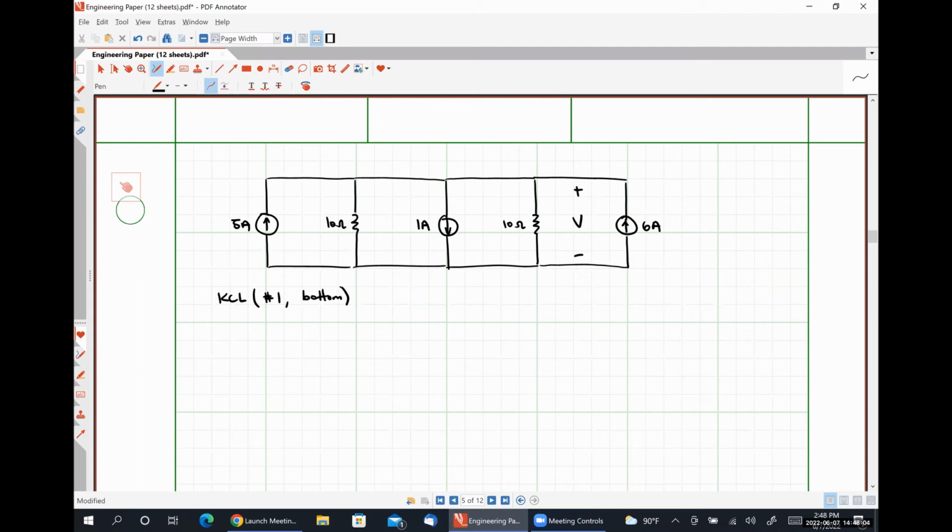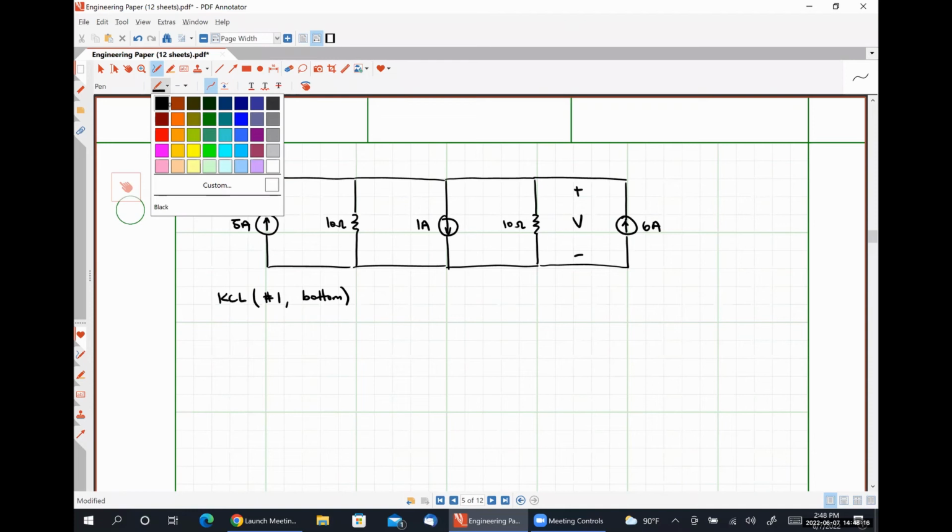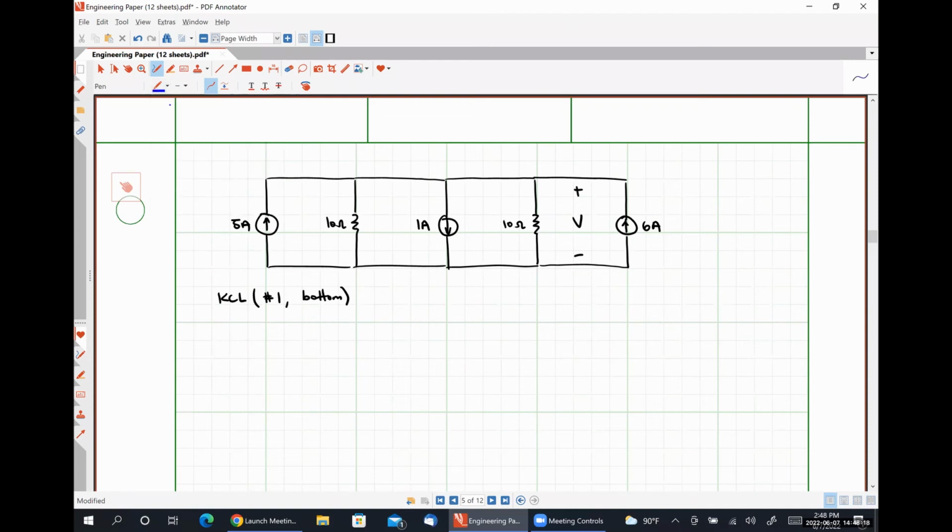Okay, so currents that are leaving the bottom node have to equal currents that are entering the bottom node. And just for the sake of argument as well, because I'm going to be applying Kirchhoff's current law, I need to identify the currents flowing through my resistors.